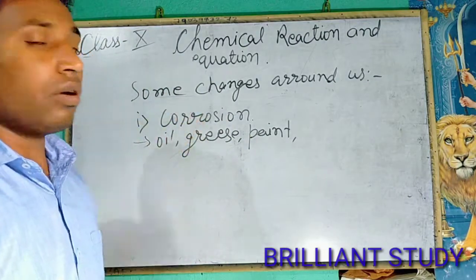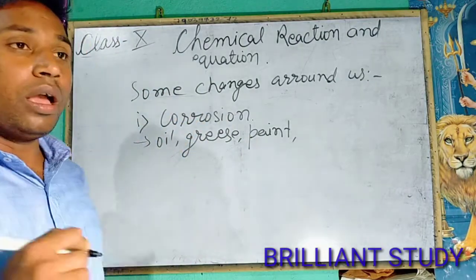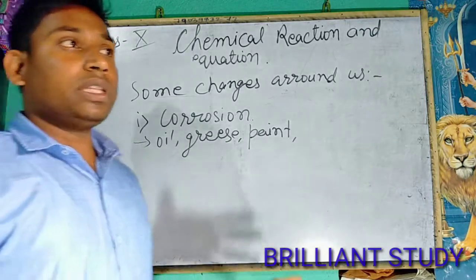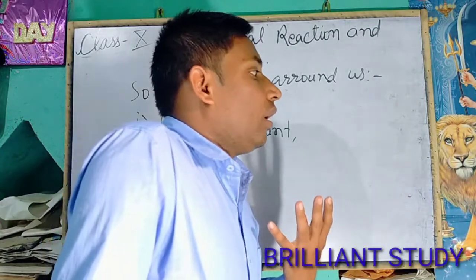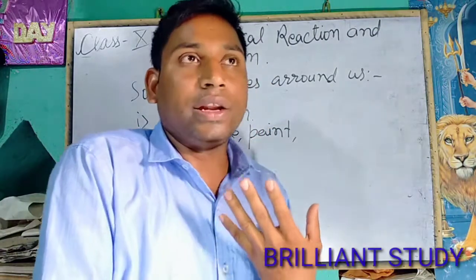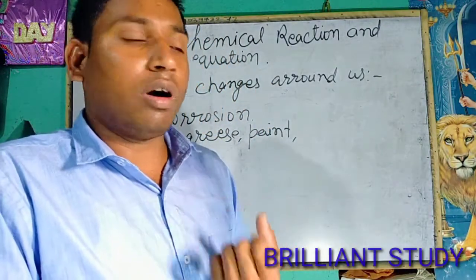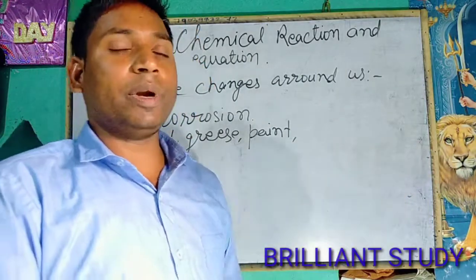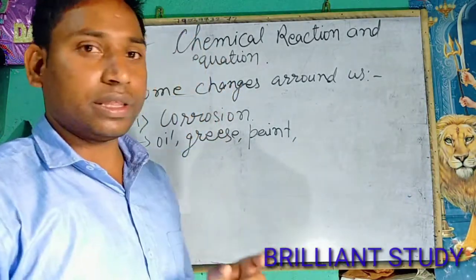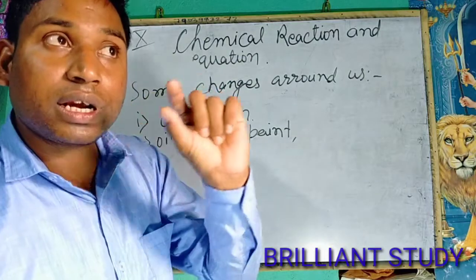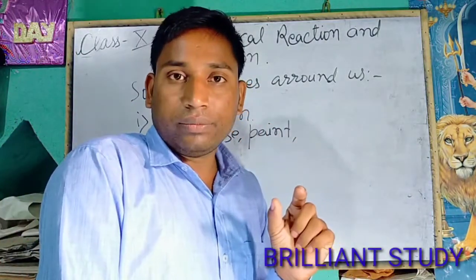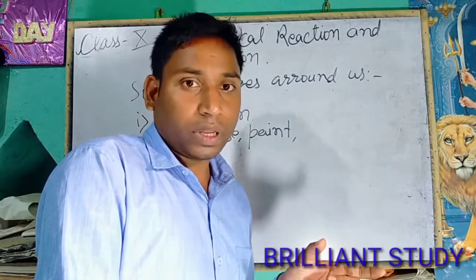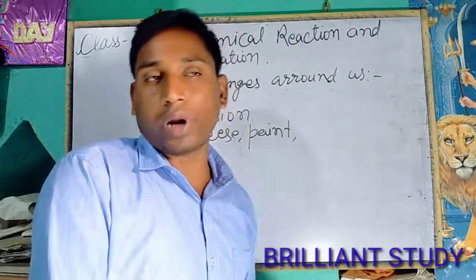The first is corrosion. You all know that if an iron rod or any iron object is left in the open atmosphere, its outer layer will change and become brown.